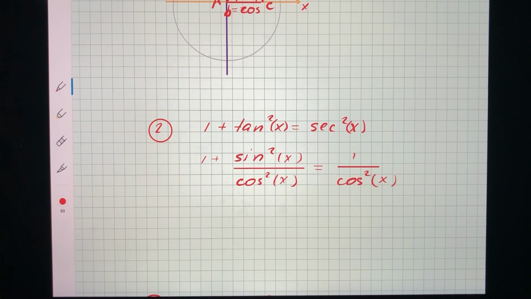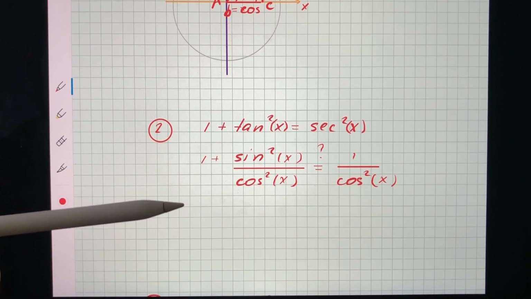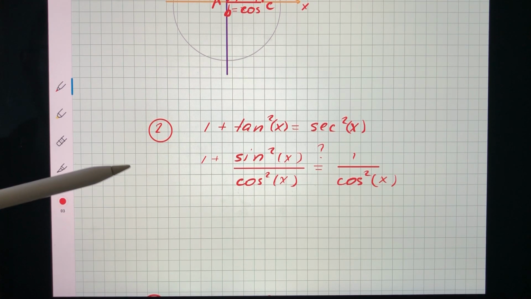So now we have to ask ourselves, is this true? Are the two sides really equal to each other? Well, how do we compare? On the right side we have one fraction, on the left side we have two terms, and to combine them we need a common denominator.